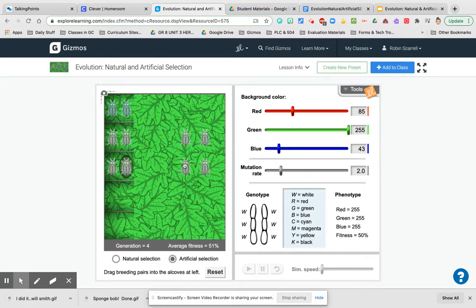So we're taking 2 that we already know have the characteristics that I want. This is the 4th generation. Here's the 5th generation. Right? So I have cyan in 2 places, cyan in 1, cyan, cyan.